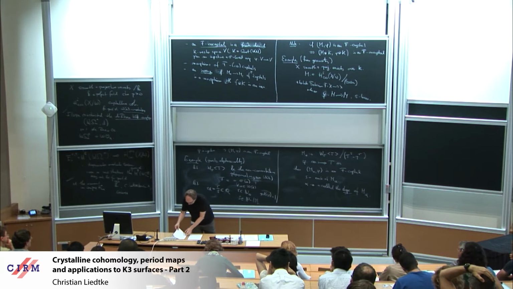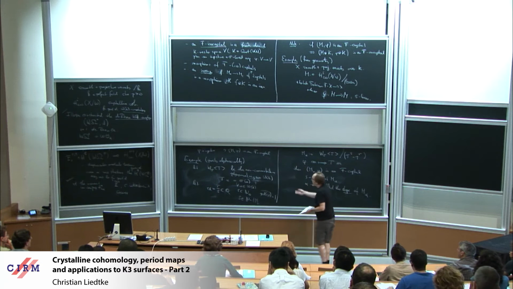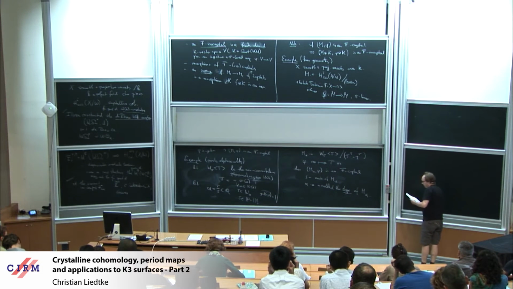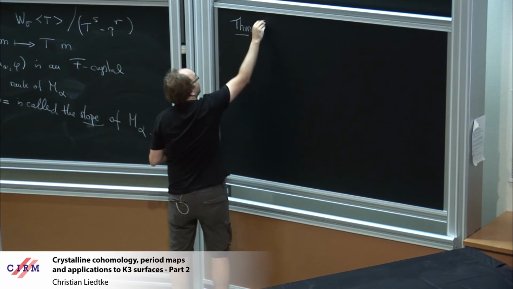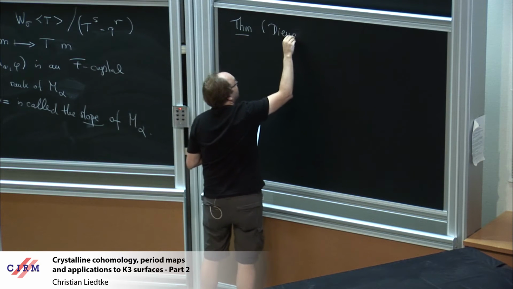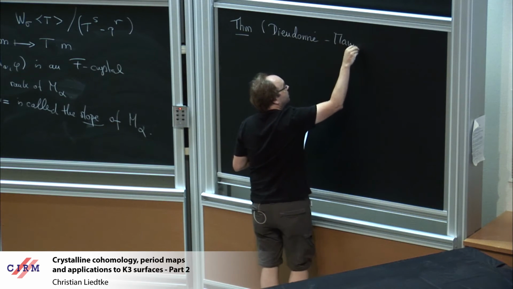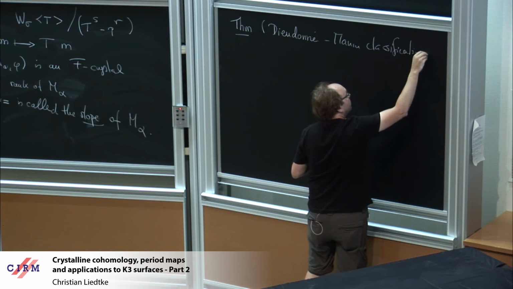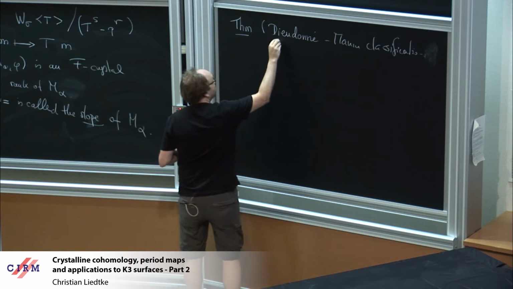Okay. So what's the point of these? We have these examples here, and there's an interesting theorem, which is the Dieudonné-Manin classification, the classification of crystals up to isogeny.